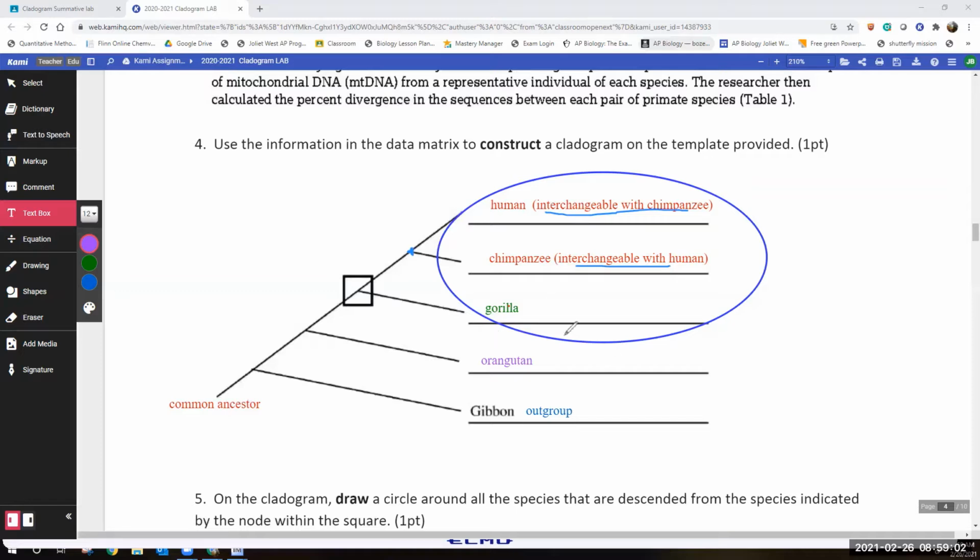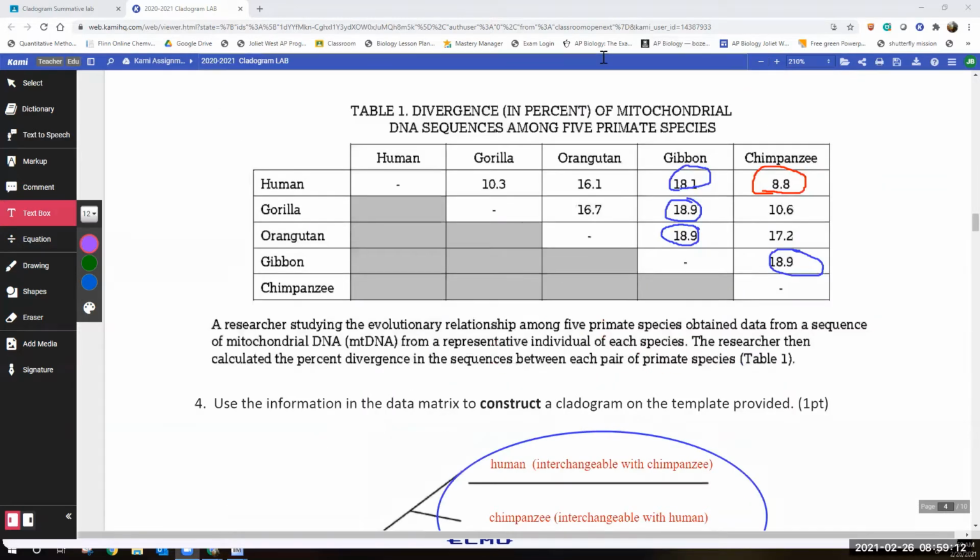So let's go back up here a little further, and we're going to look back at the data. I'm going to put this in green. And notice here that if I look at the human compared to the gorilla, that's 10.3. And if I look at the gorilla compared to the chimpanzee, that's 10.6. That is a smaller number.